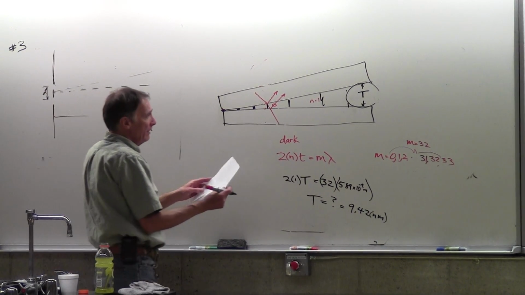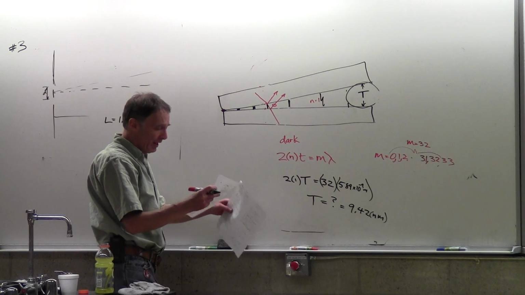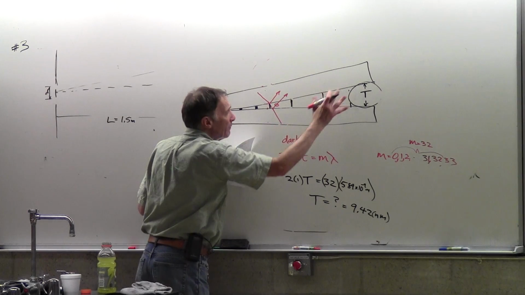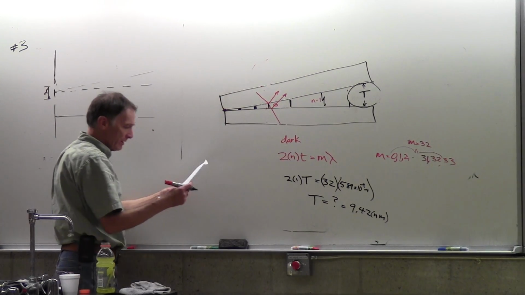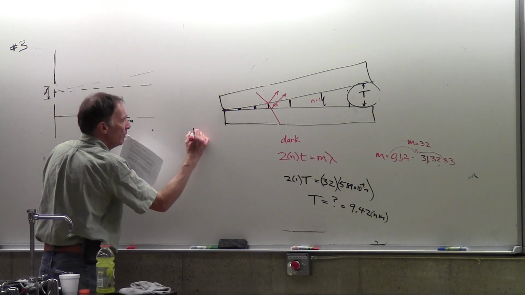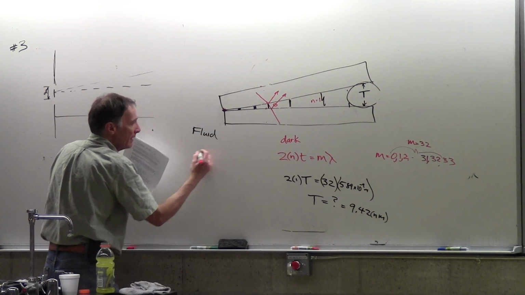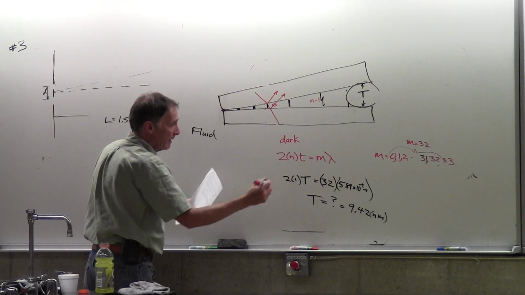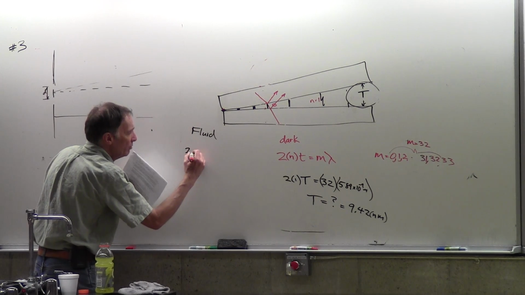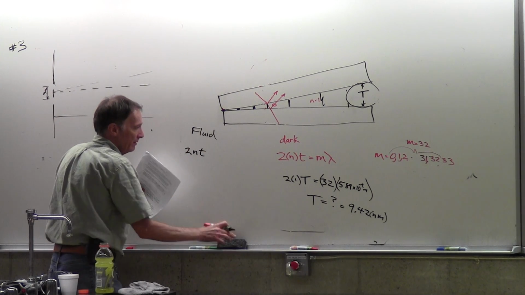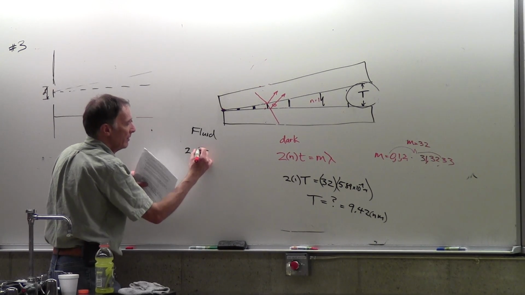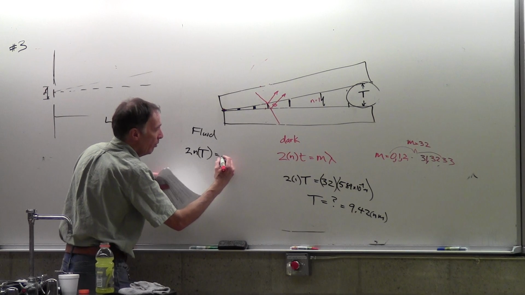Now he says, how does it change if we put a fluid in here? If we put a fluid in here, he notices that we count 46 dark fringes. So this is with the fluid. We would play the same game. Now we know what T is, so we would say that 2nT, in this case 2n capital T, is equal to a whole number of waves.